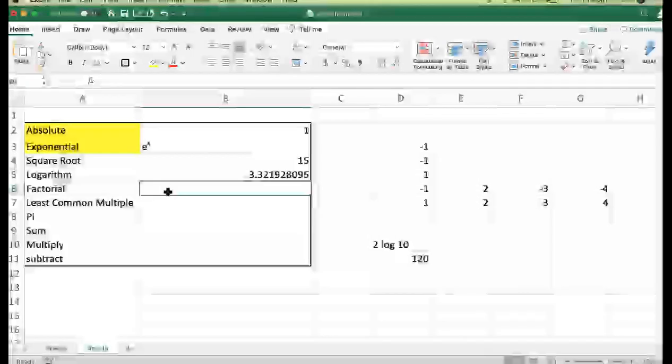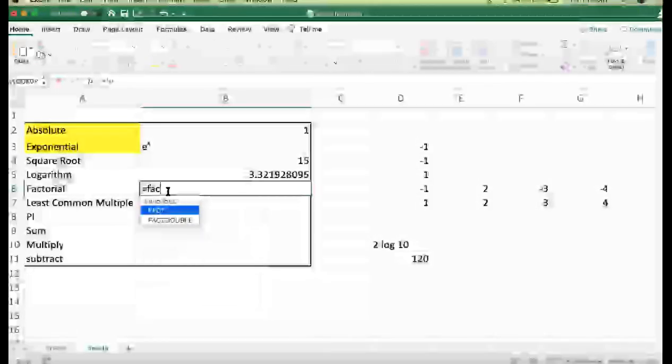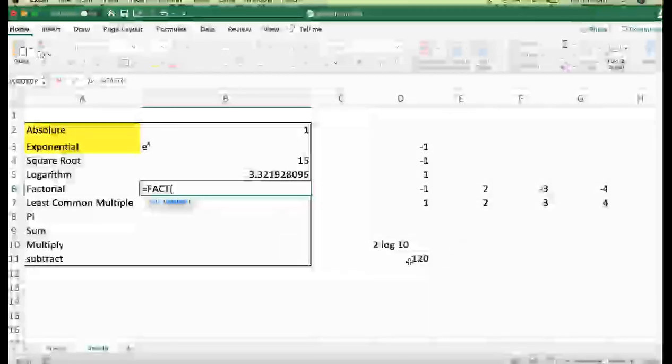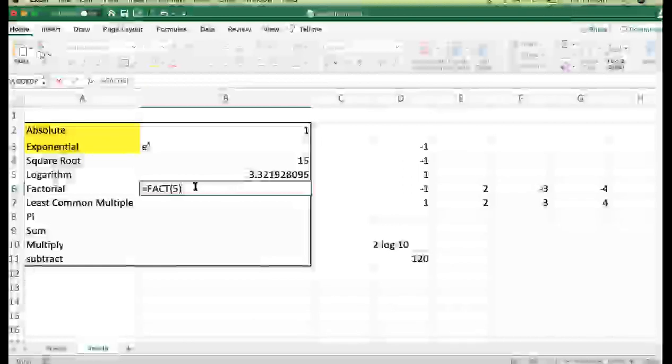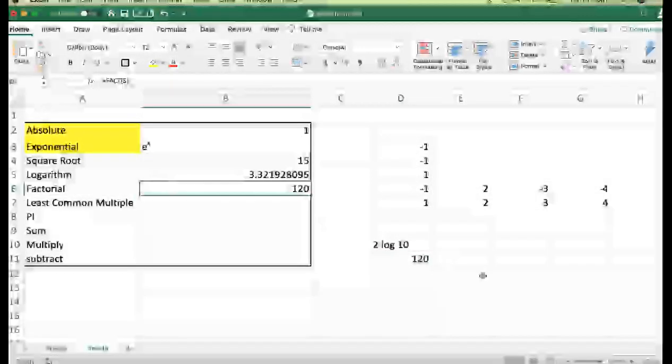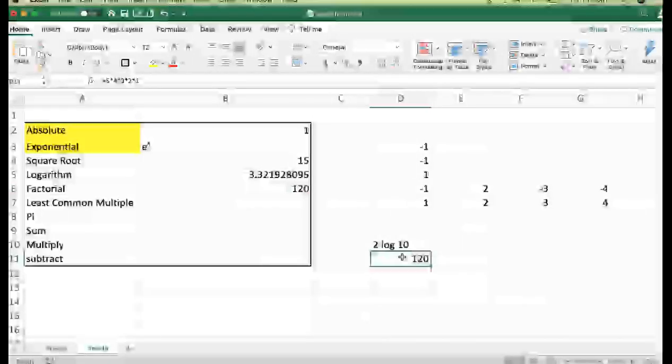The same thing we can use with the formula as well, that is abbreviated as FACT, and then the number. Suppose here we have taken 5, so we will apply the same thing to match the result, so that is 120. So factorial is like multiplying down to the end.